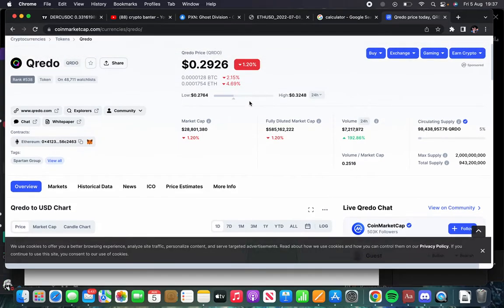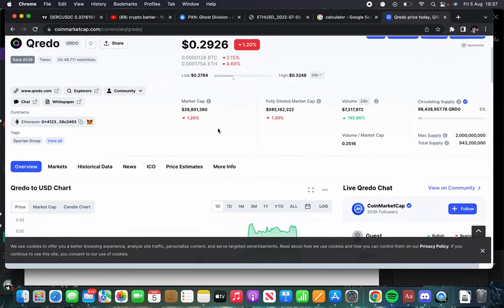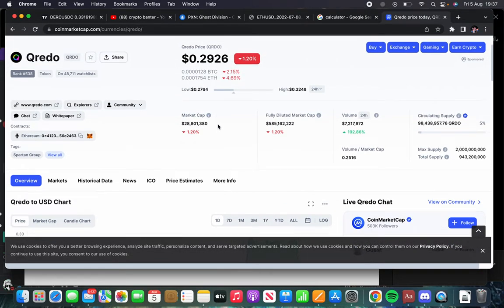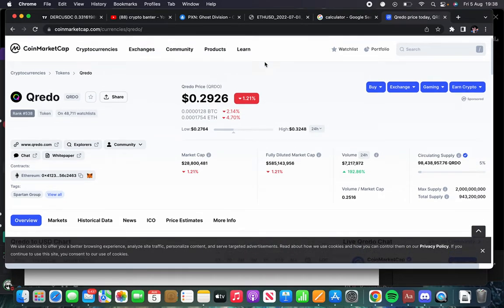So say I wanted to be a long-term investor in Credo and I bought a few tokens, I would have to find out when these tokens are vested out into the supply. Because regardless of whether the price goes up or not, if they start releasing tokens, my whole bag is going to go down because they're diluting the circulating supply. And if you know about traditional economics, you know that if you increase the supply, the price is going to go down. So that's just a quick thing on market cap.